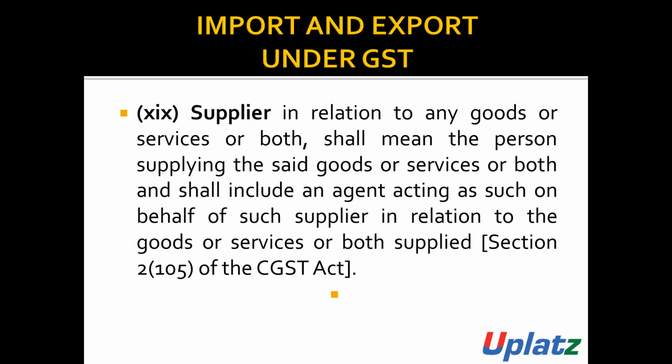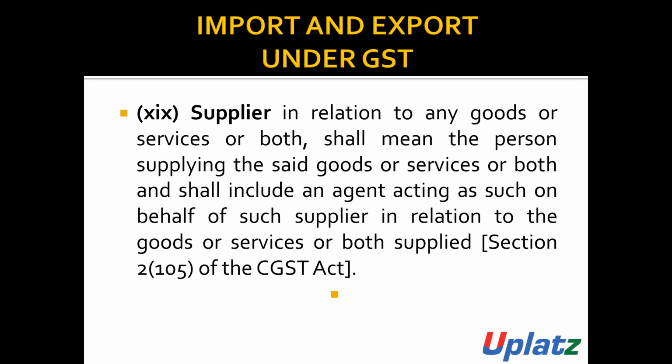also includes an agent who is acting on the behalf of the supplier in relation to goods or services or both. Means it also includes the agent who is acting on the behalf of principal in relation to supply of goods, supply of services, or both.